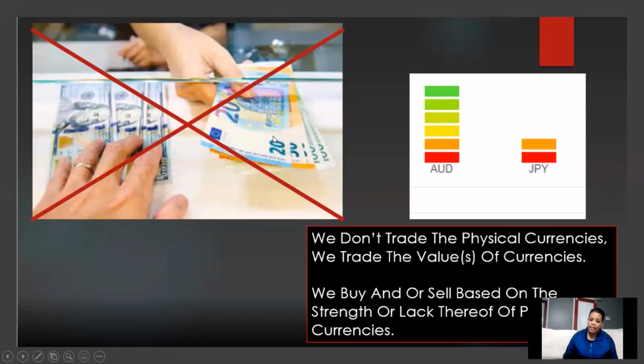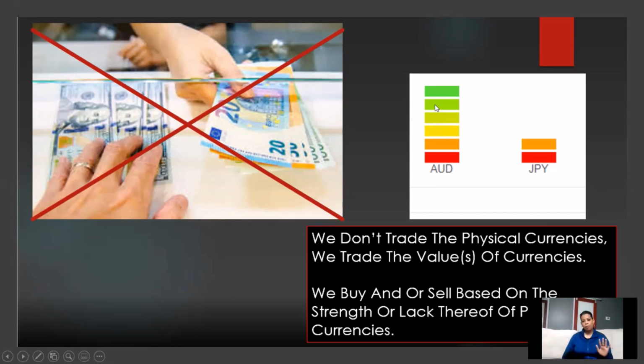When we're looking at this, we're not trading the physical money. I'm not taking the literal dollar and trading the literal peso or the yen or whatever. I am simply trading the value of that. I'm looking at it in the market and I'm saying, okay, for example, let's look at the currency strength meter. So right now, the Australian dollar is showing that it's greater than the Japanese yen. Look how much greater it is.